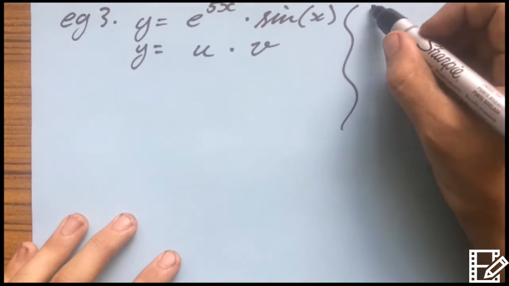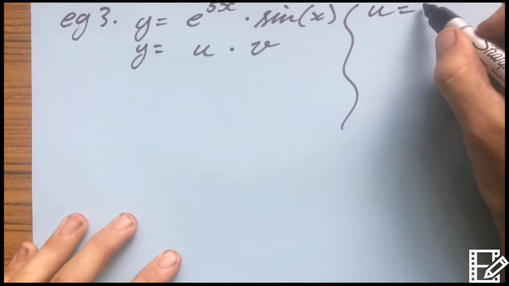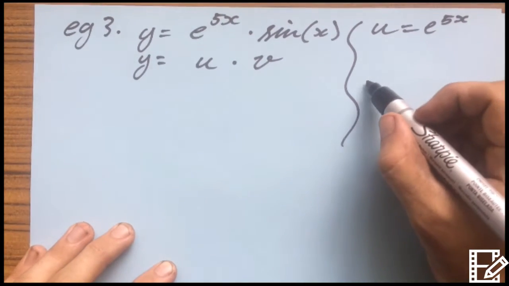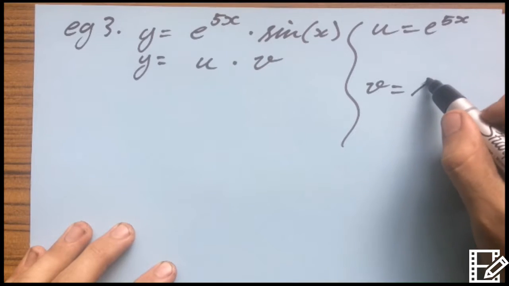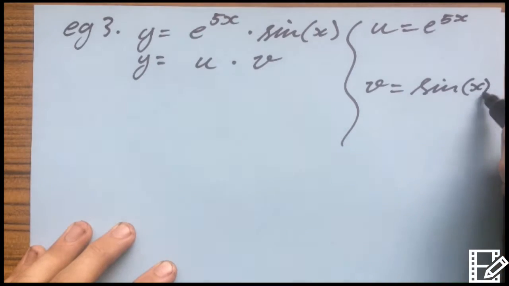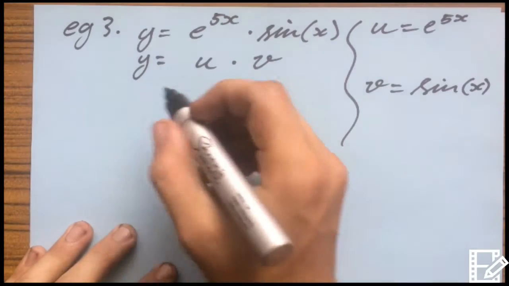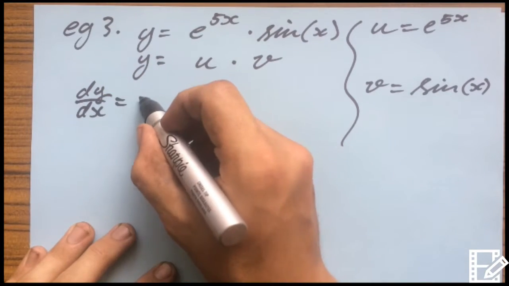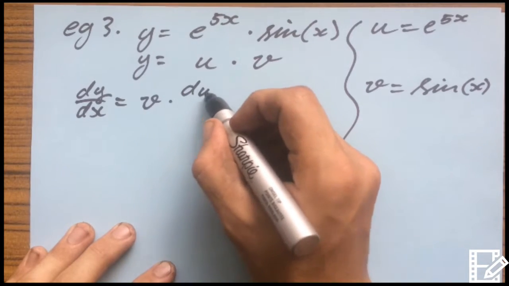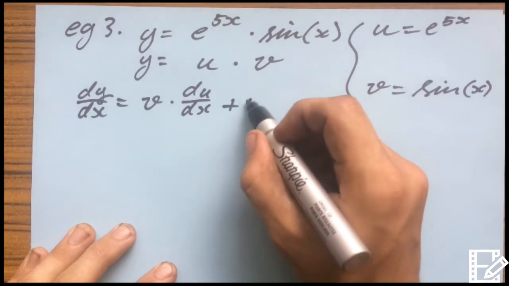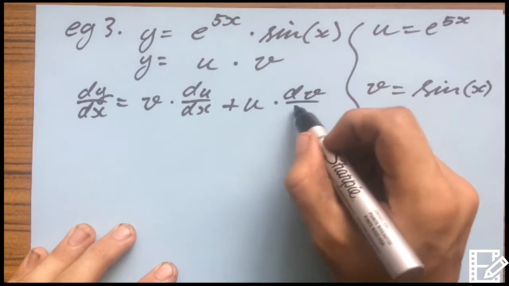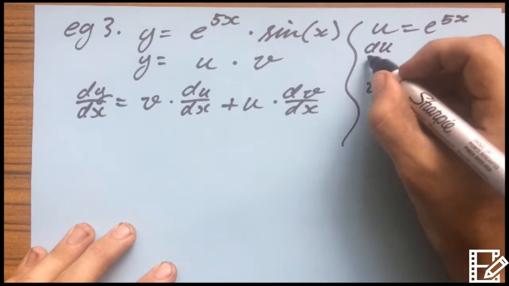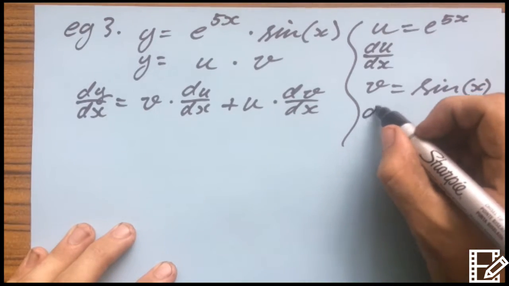If we separate the page and write in our values, u can be e to the power of 5x and v can be sine x. The derivative of y with respect to x is again v multiplied by the derivative of u plus u multiplied by the derivative of v. So we need to again find the derivative of u and the derivative of v.